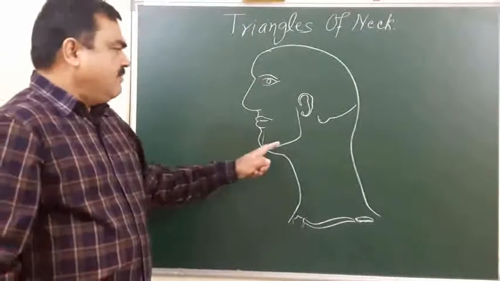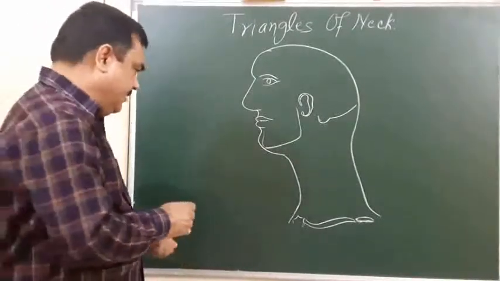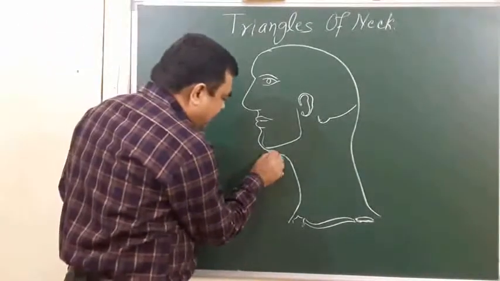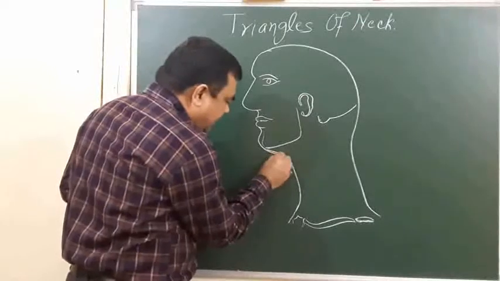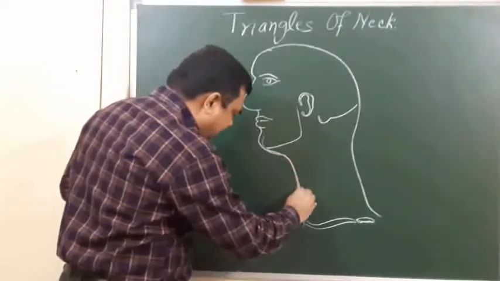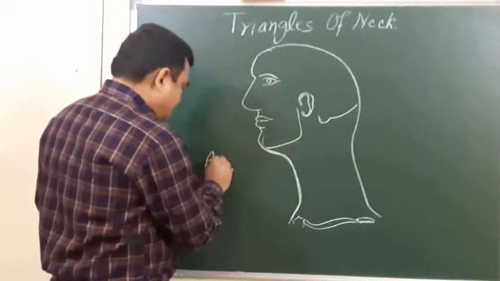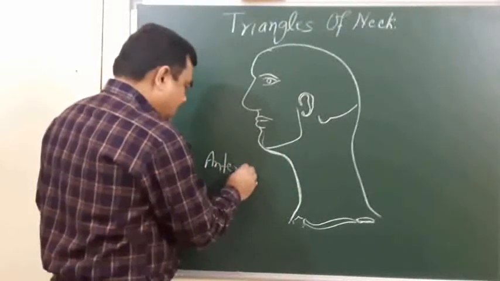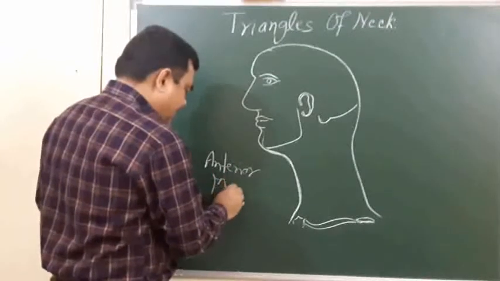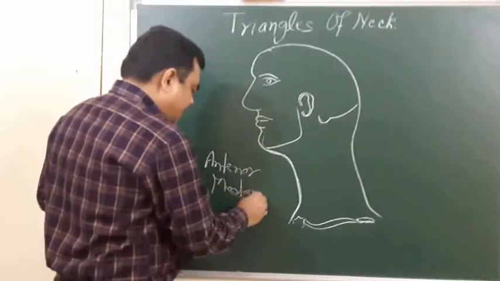If you see the boundary of the side of the neck, you will find anteriorly it is bounded by the anterior median line.